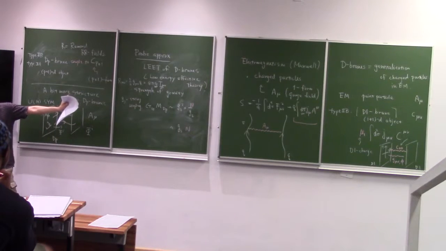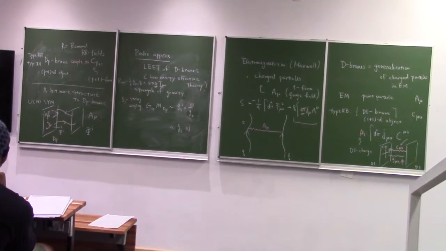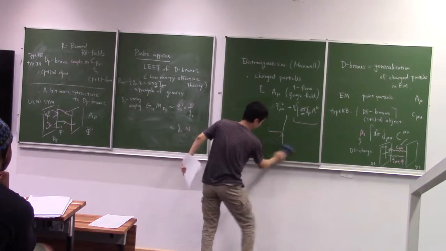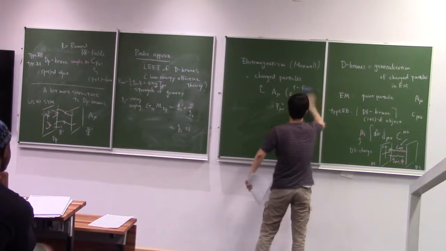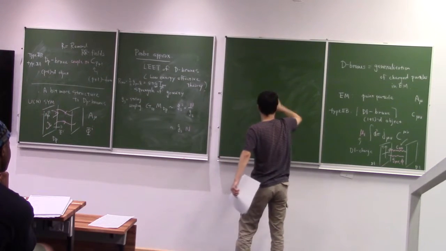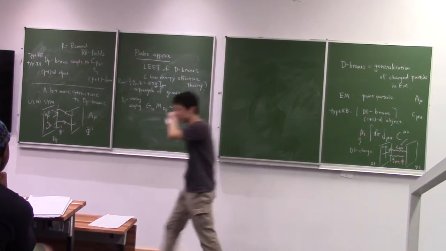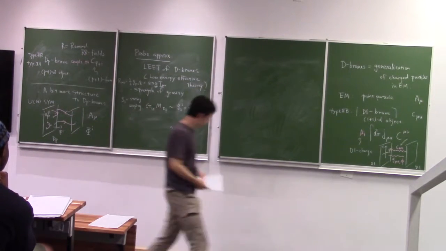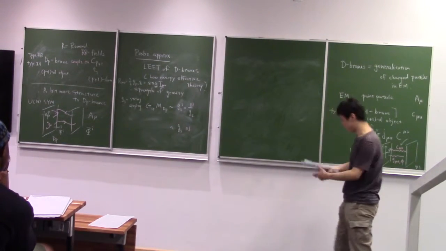But if I consider only a few D-branes, that's the probe approximation. This is what we use quite often, the probe approximation.